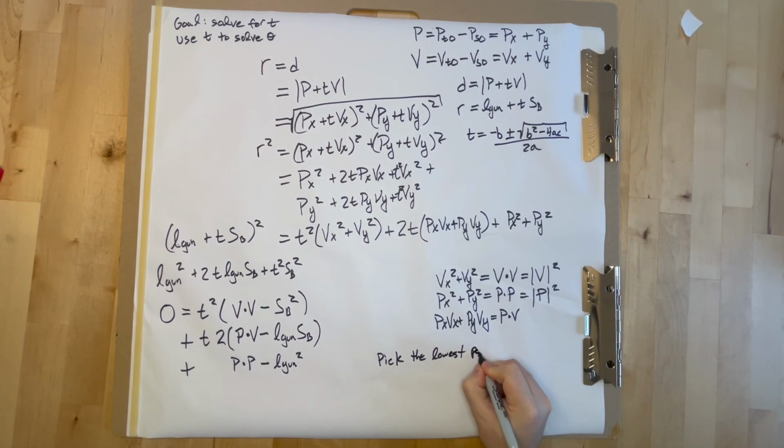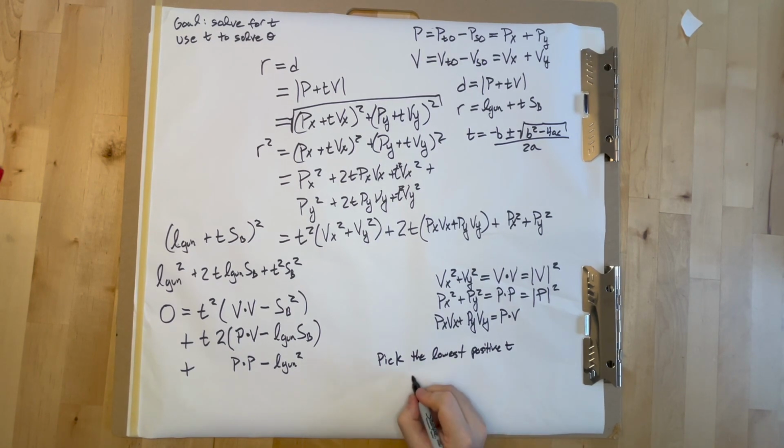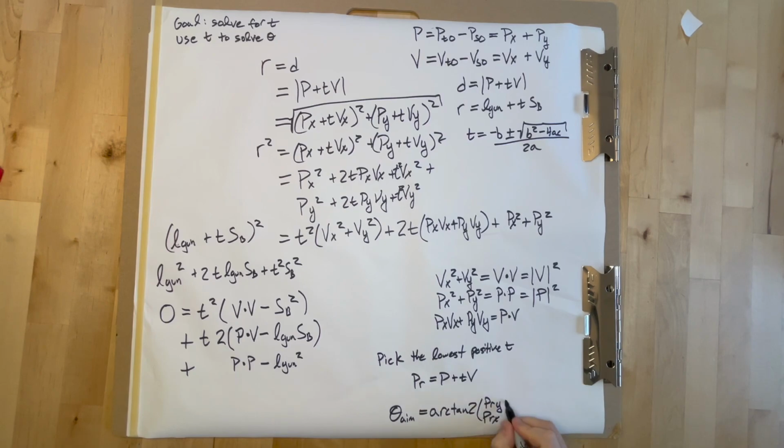And we pick the lowest positive t, and that is the earliest possible time that we can hit the target. Then we plug it into the PR equation from the last section, which is p plus tv, and we take that PR and plug it into the arctangent, and that gives us the theta which we need to aim to hit the target.